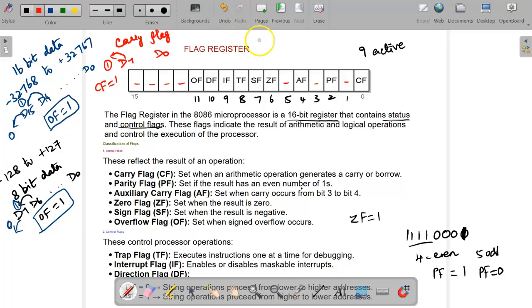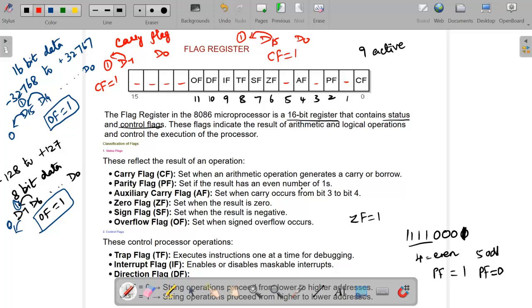If it is 16-bit data, I have D15 to D0, and I should get a carry from the D15th bit. That is, in both 8-bit and 16-bit data, I should get a carry of 1 from the MSB. Here from the D7th bit, and here from the D15th bit. If so, the carry flag is equal to 1.